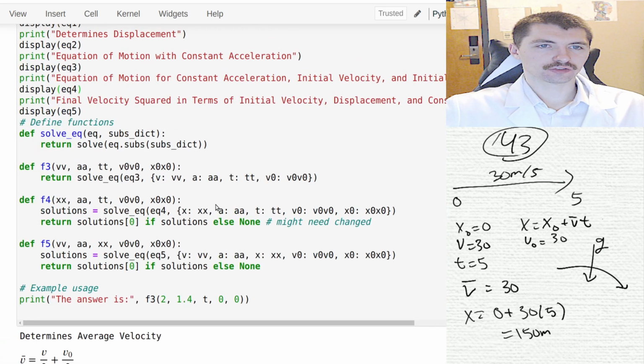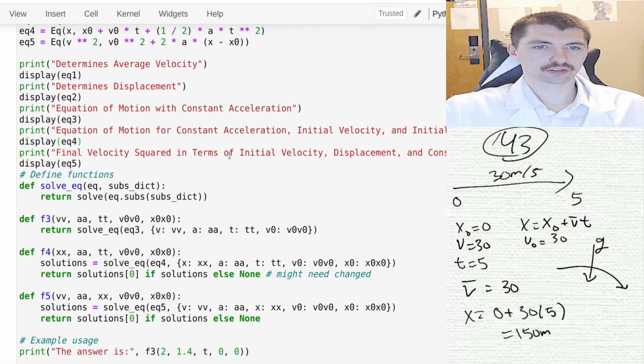Let's see, I don't know if I like this. Alpha squared.